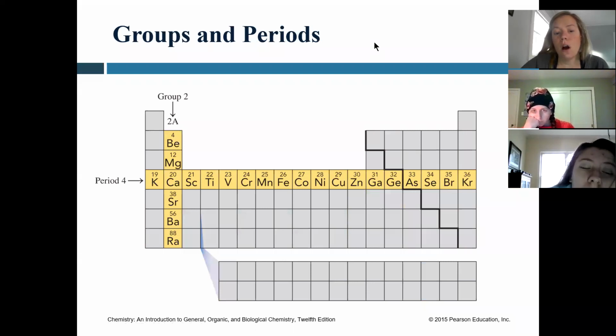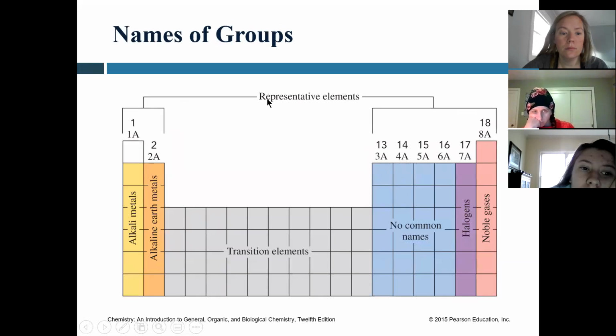So you can call out elements by their group and their period, like Battleship, right? So calcium is in group 2 and period 4. So you can go over and down. We've got our alkali metals, our alkaline earth metals, our halogens and our noble gases. These do have group names. They're just not very common.